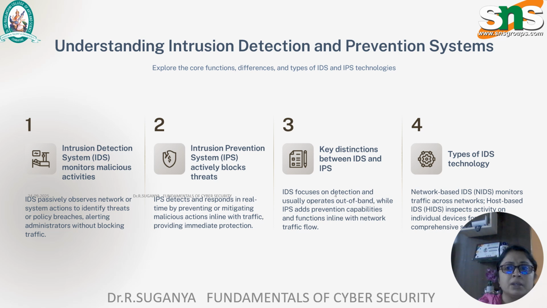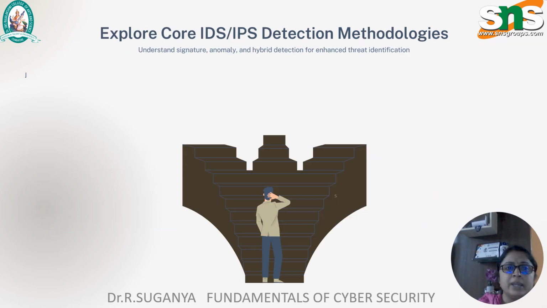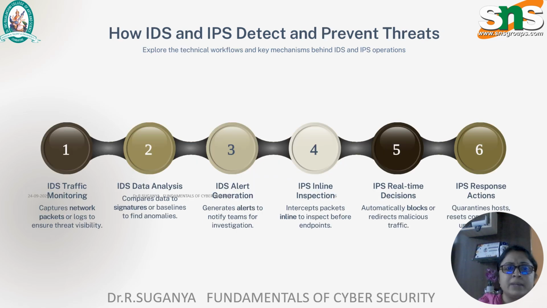Next is how we can explain core IDS and IPS systems, and how IDS and IPS detect and prevent threats. IDS monitoring, IDS data analysis, IDS alert generation, IPS inline inspection, IPS real-time decisions, IPS response actions.